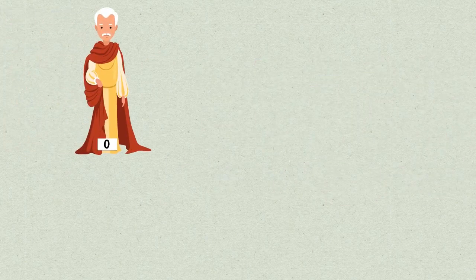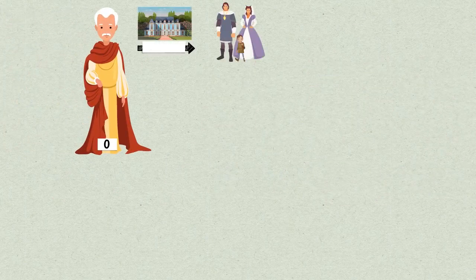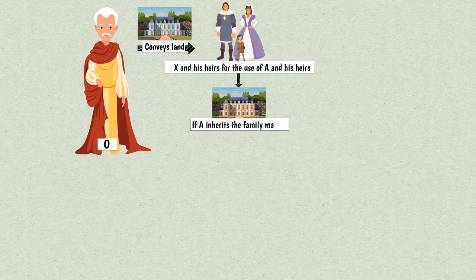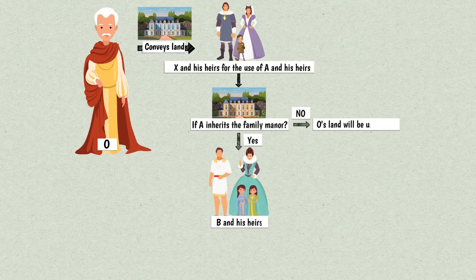So, for example, suppose O conveys, "to X and his heirs for the use of A, who is O's eldest son, and his heirs. But if A inherits the family manor, then to the use of B, who is O's second son, and his heirs."